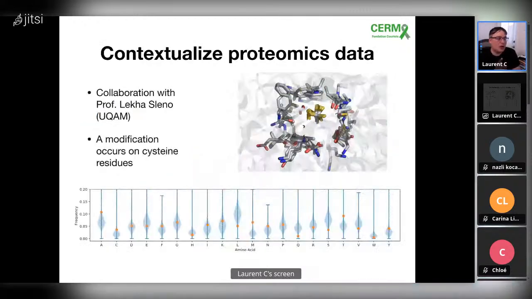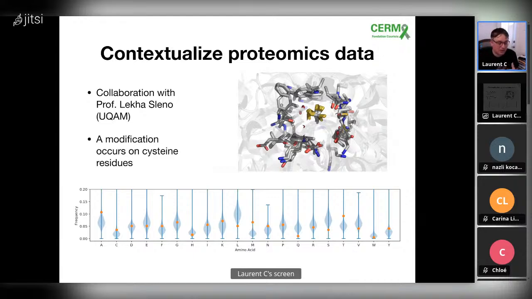Another example of using this information, the models that are generated by AlphaFold, is another collaboration with a colleague, Lecas-Leno at UQAM. The group of Lecas-Leno does a lot of proteomics and metabolomics. In this case, we'll not give too much detail, but they have certain compounds that can react with proteins.